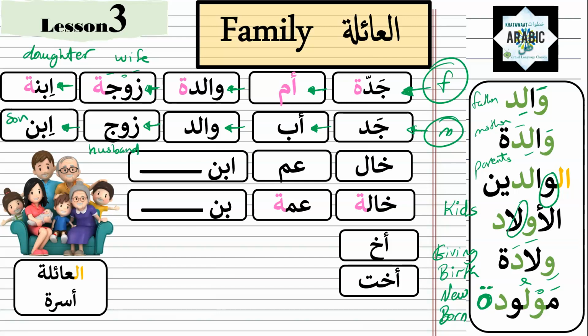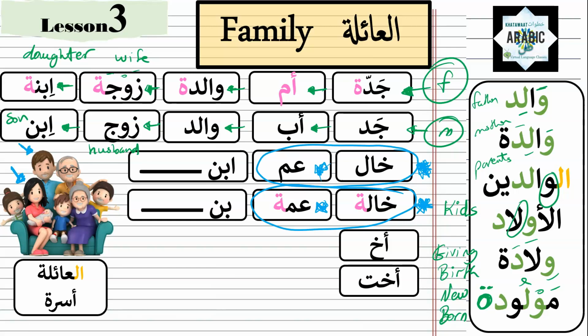Ibn is son. This is the most important part that we want you to focus on in this video, is how to differentiate between uncles being from your parents' sides, both sides. So here we have khal and khala, then we have am and amma. Both khal and am mean uncle, and then both khala and amma mean aunt. But one of them is part of the mother's side, and the other one is part of the father's side.